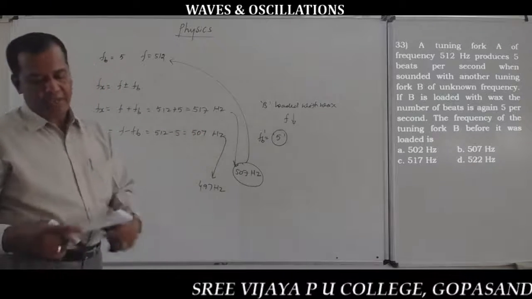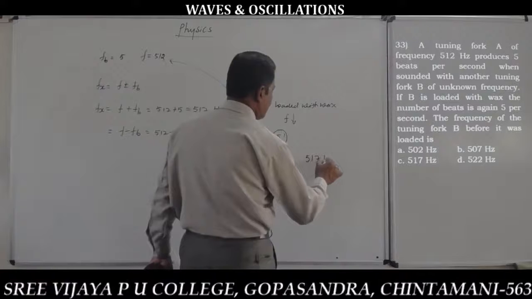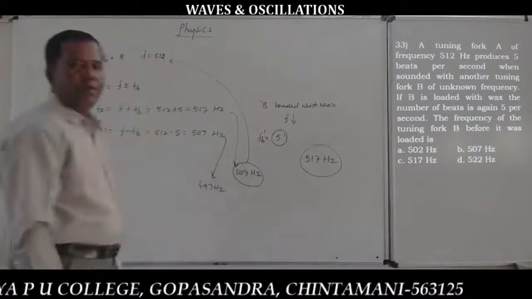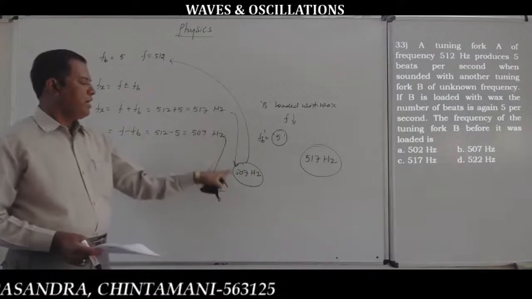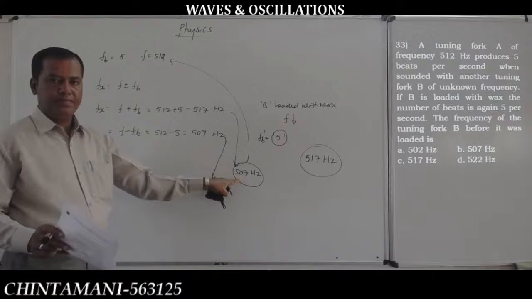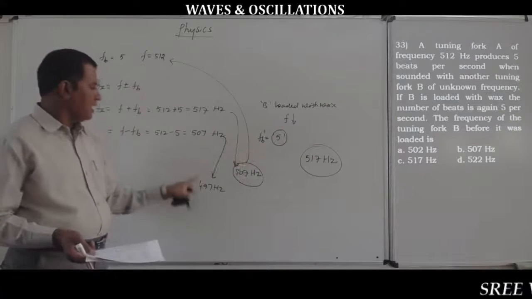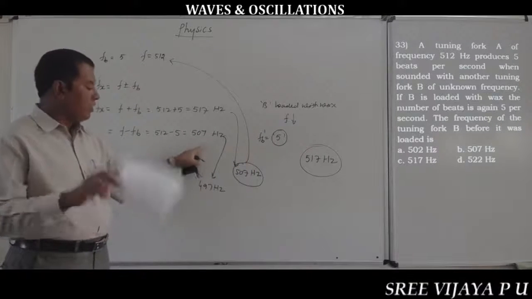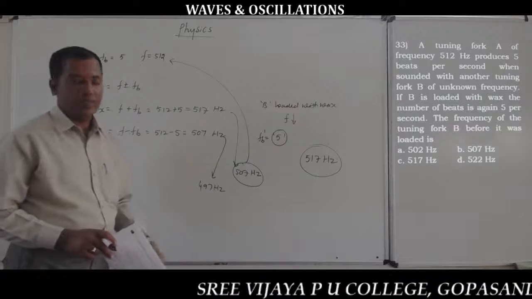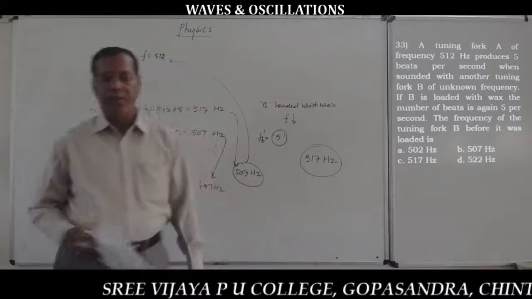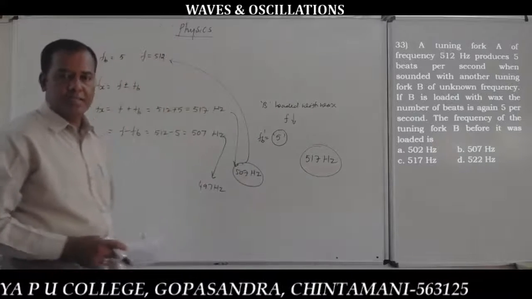So the frequency of the tuning fork B before it was loaded is 517 Hertz, because after loading, its frequency decreases to 507. Then 512 minus 507, once again you get the beat frequency as 5. But in the second case, if you consider 507 as the initial frequency and 497 after loading, when you consider the difference, you won't get 5. Therefore, the frequency of tuning fork B before it was loaded is 517 Hertz.